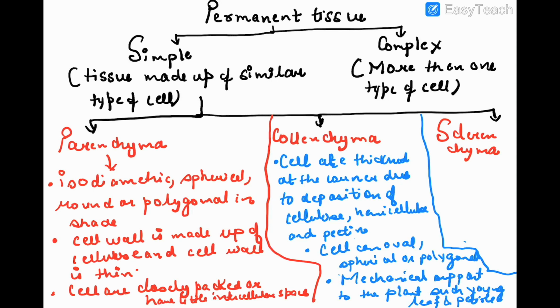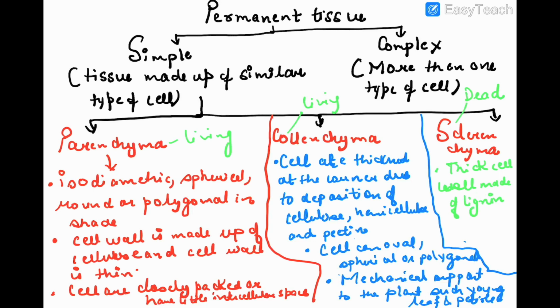Out of parenchyma, collenchyma and sclerenchyma, sclerenchyma is a dead cell while both parenchyma and collenchyma are living. Sclerenchyma has a thick cell wall made up of lignin.